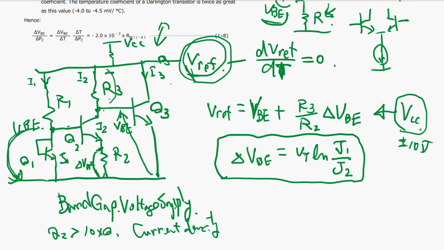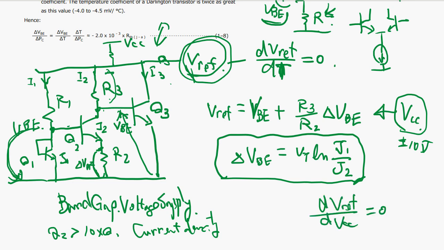How do we do that? We look at the equation and adjust R1, R2, R3 in such a way that this stays the same. So this won't change with VCC. This is completely dVref over dVCC is 0.